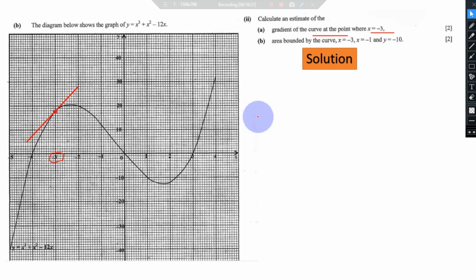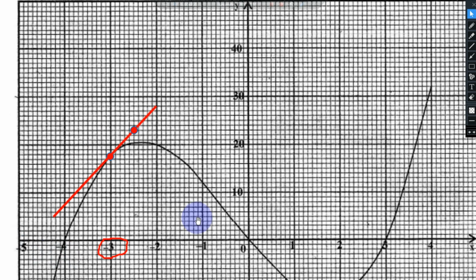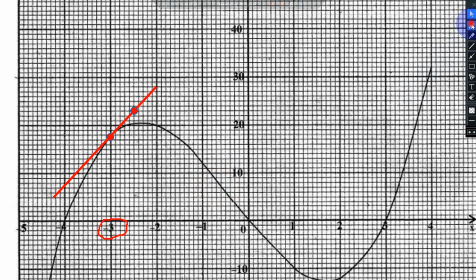Now, what do you do next? The next step there is to allocate. So we are going to identify our first point. If you look at what we have here, you can see that our first point is negative 3, comma what?